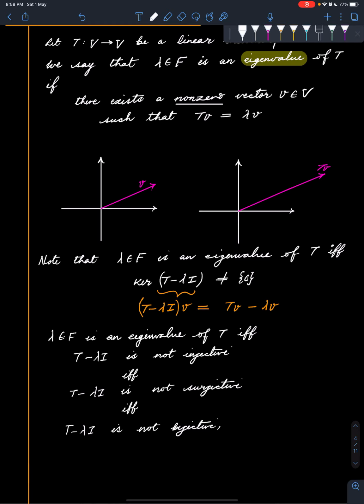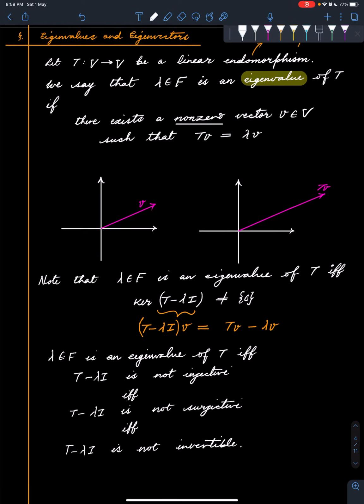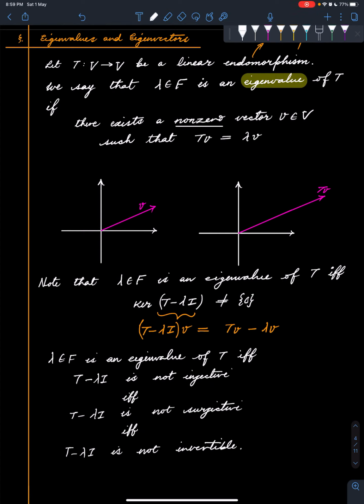Or let me say is not invertible. That's a better way to say it. There's nothing very difficult about this. Just one comment I would like to emphasize, that 0 can be an eigenvalue. There's nothing wrong with it. It's perfectly fine to have 0 as an eigenvalue.